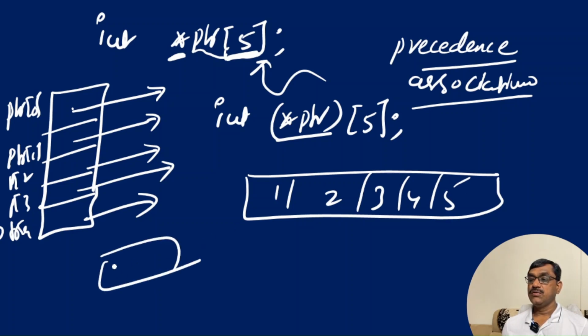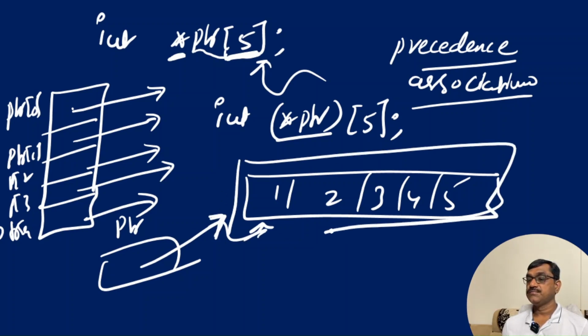Now you take ptr, it is a pointer to an array of 5 elements of type integer. It is a pointer to this entire array. If we write only like this, it is a pointer to the first integer. No, it is a pointer to an entire array.